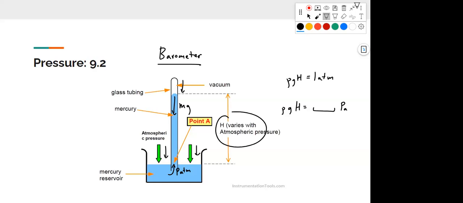Now, the reason that I keep referring to mercury is because it has a really high density. And you might say, well, what if I just want to use water? I have lots of water, I can do this. Well, think back to our ocean example. How much water height does it take to get 1 atmosphere? It takes 10 meters, right?